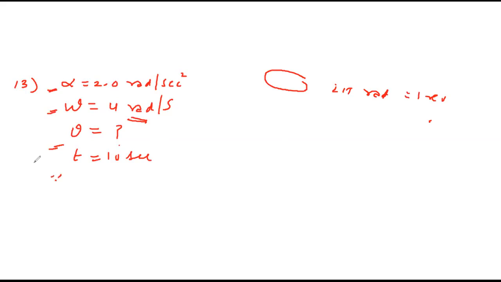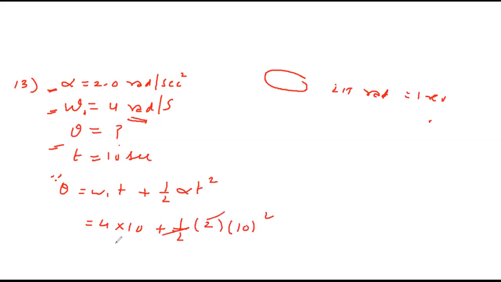Initially it is at rest. No, initially it has 4. It has initial velocity 4 radian per second. So theta is omega 1 t plus half alpha t square. 4 into 10 plus half into 2 into 10 square.